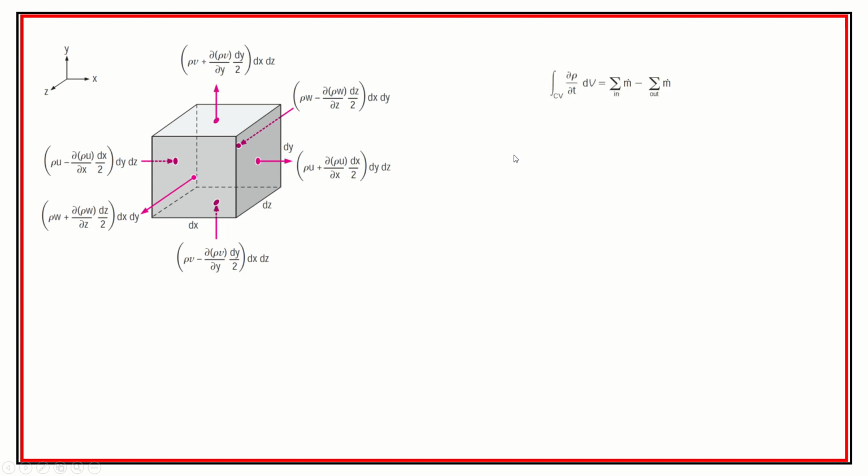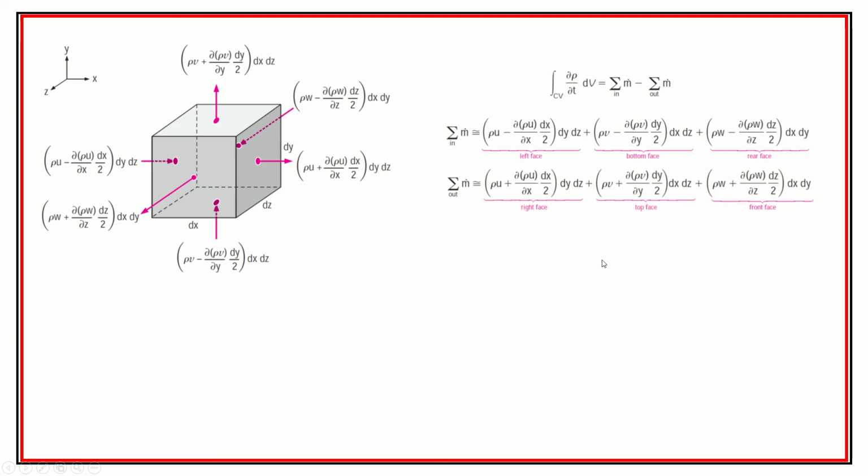On the left-hand side it's the flow minus 1/2, and on the right-hand side it's the flow plus 1/2. And if you apply that to our Reynolds transport theorem for volume right there, what you end up seeing is that on the inlet side we have all the negative ones, and on the outlet side we have all the positive ones. On the left-hand side, we just have the density divided by time times the volume.